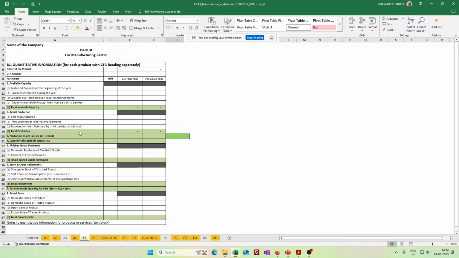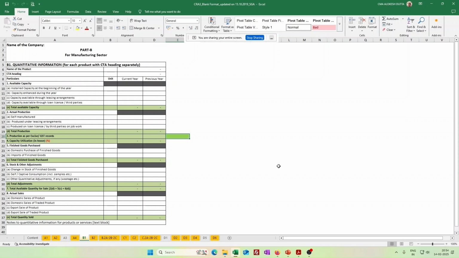B1 is the quantitative details of a manufacturing company. Here 3 types of data have to be put. Number 1, available capacity as per technical details, capacity enhanced during the year, and final capacity.